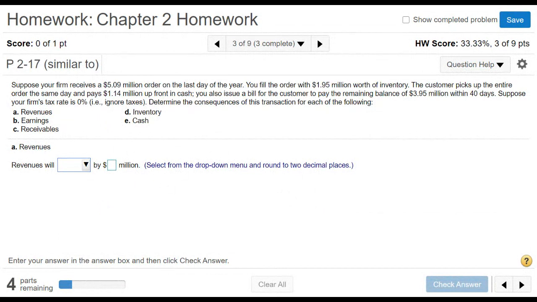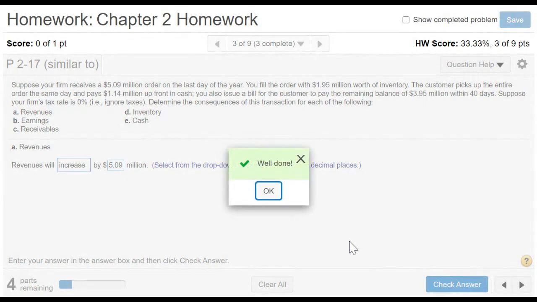All right. What do I do here? First thing, this is the gimme question. Revenue, increase or decrease? Increase. By what? 5.09 million. Next.